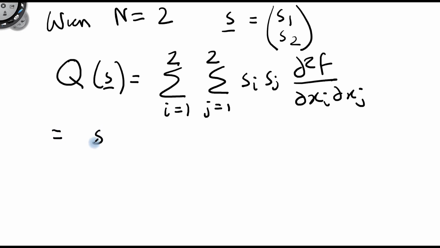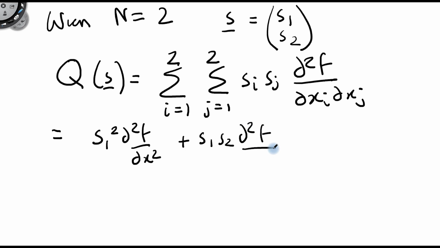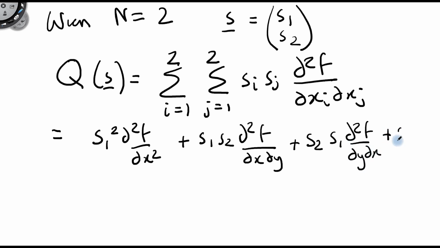So when i equals 1 and j equals 1, when i is 1, j is 2, i is 2, j is 1, and then plus s2 squared d2f dy squared.